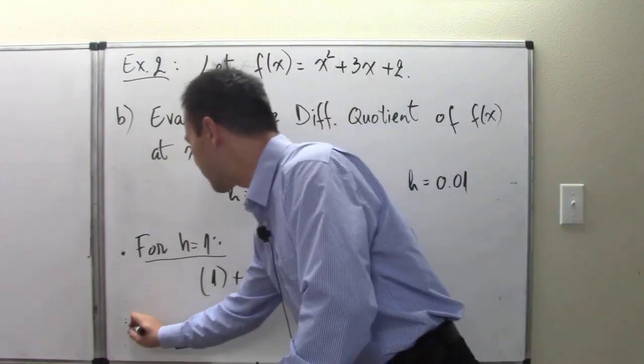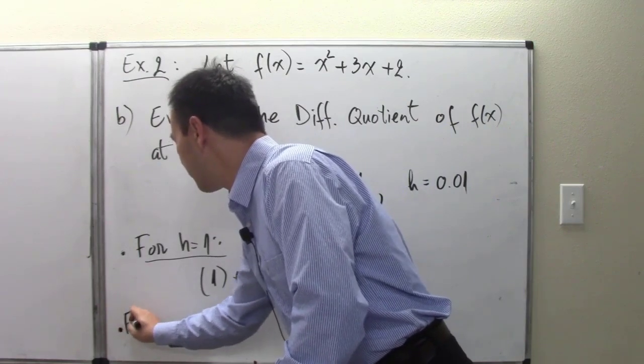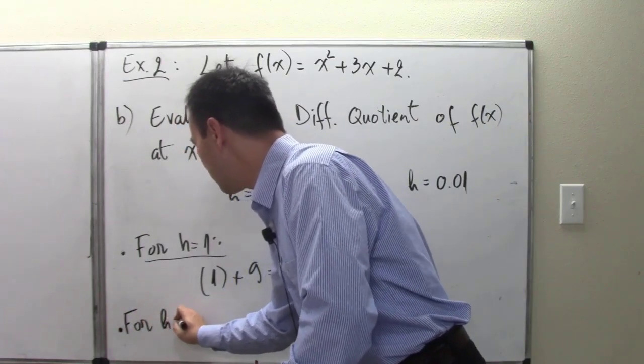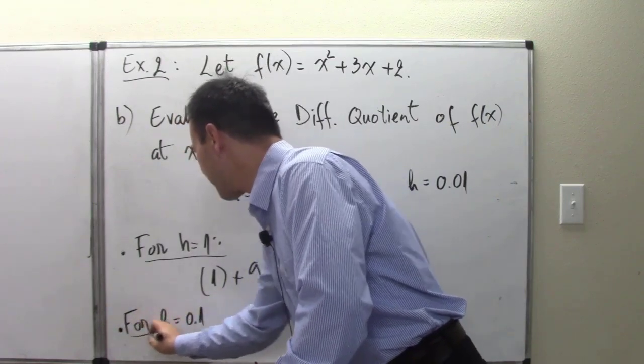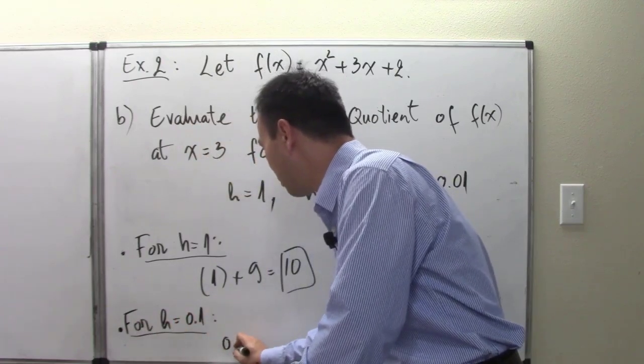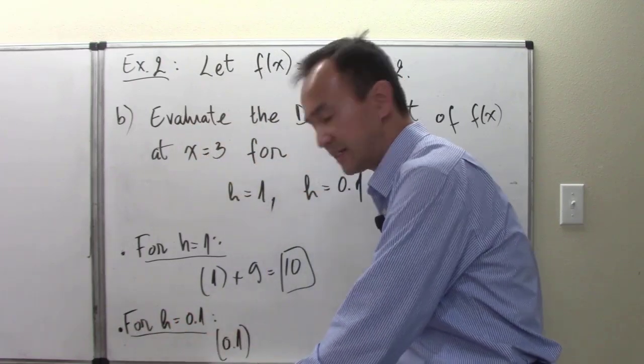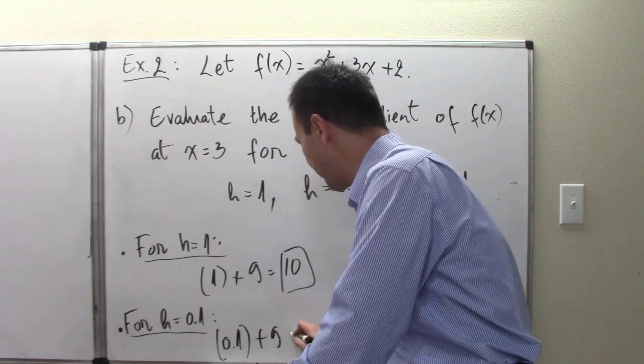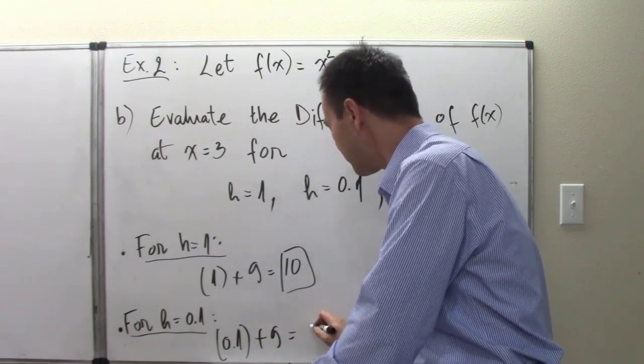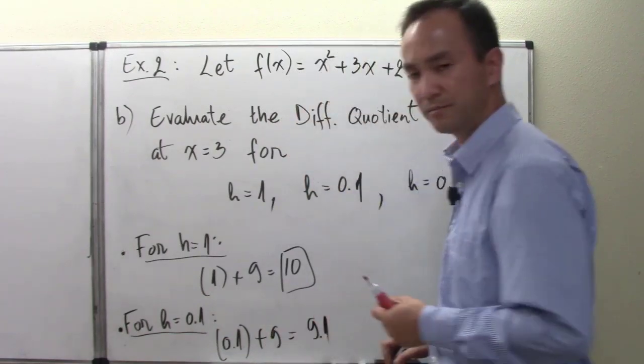Then we went on for h equals 0.1. Then I can just say another bullet for h equals 0.1. Here's how we're doing it. 0.1 substituted for h, plus 9, and we ended up with 9.1.